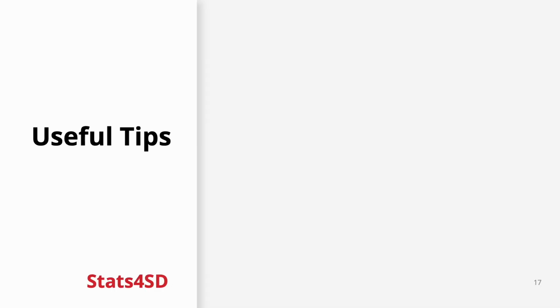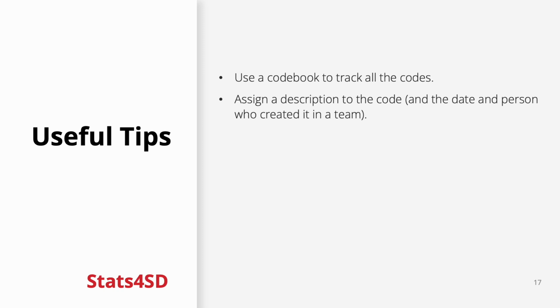Some useful tips include using a codebook to track all your codes, for instance, Excel spreadsheets or Word documents. And in the codebook, assign a description to the code based on the theme or notion it refers to, together with the date and the person who created the code if working within a team.